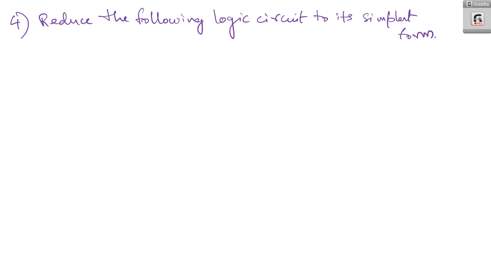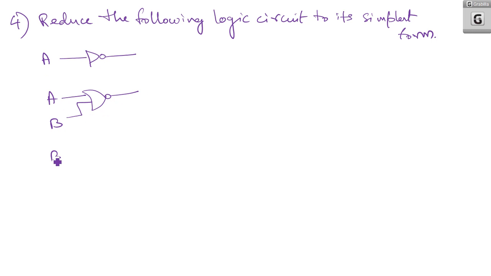Okay, so it is like this. A is given to a NOT gate. Then A and B both are given to a NOR gate.